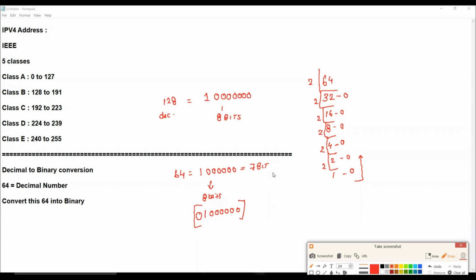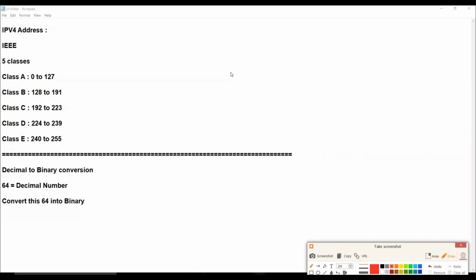All right. Another simple technique I'll tell you: you write down the 8 bits. Let's say we have the 8-bit representation from right to left. So it is 2 raised to 0, then 2 raised to 1, 2 raised to 2, 2 raised to 3, 4, 2 raised to 5, 2 raised to 6, and 2 raised to 7, right?